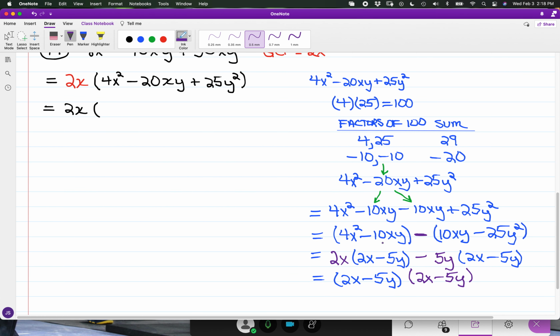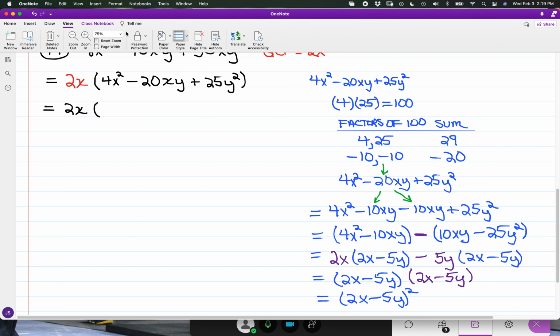Again, this particular binomial repeats, and so condensing, we're going to have 2x minus 5y raised to the second.